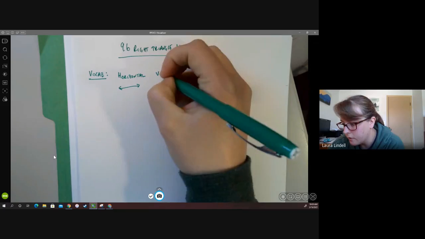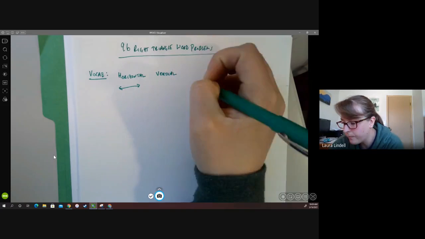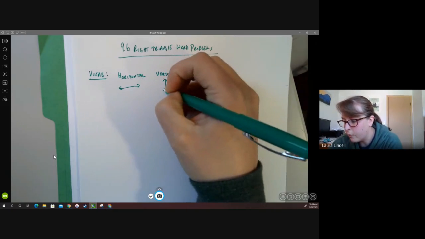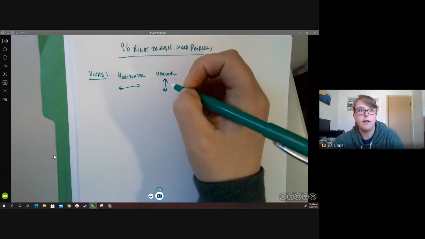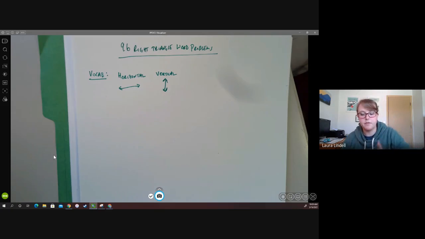We have vertical. Like on the wheelchair ramp problem, vertical distance was the straight up and down distance. And then distance itself tends to be diagonal, like if a person is 10 feet away from something. It depends on the context of the problem and if the words horizontal or vertical are mentioned.